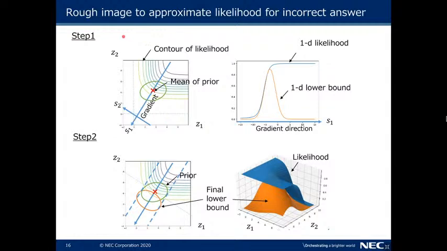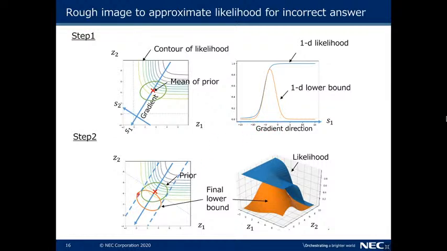This slide shows just a rough image of how to approximate the likelihood for incorrect answers. There are two steps. In the first step, we make the likelihood function a one-dimensional likelihood function through this gradient direction. So now our likelihood is a 1D likelihood like this. We apply Jaakkola's method to obtain the one-dimensional lower bound here. And in the second step, we extend this 1D lower bound to the multidimensional case.